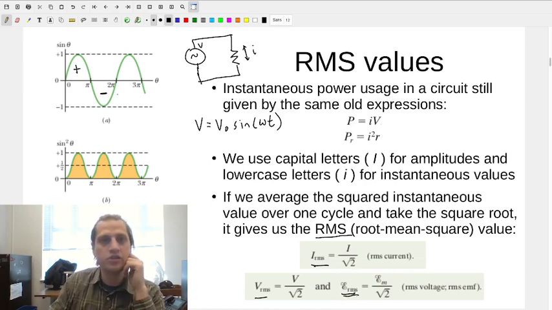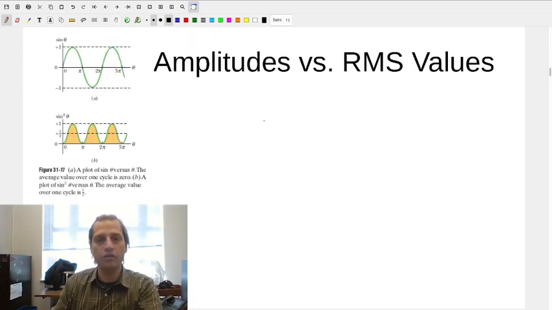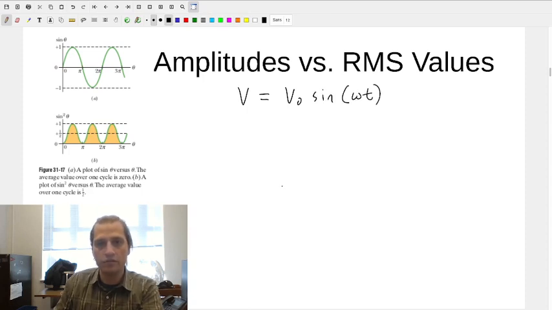Now, I just want to make this point in a little bit more concrete way. Let's suppose that you have a voltage that's V naught times sine omega t, and let's say that you average that over one cycle.